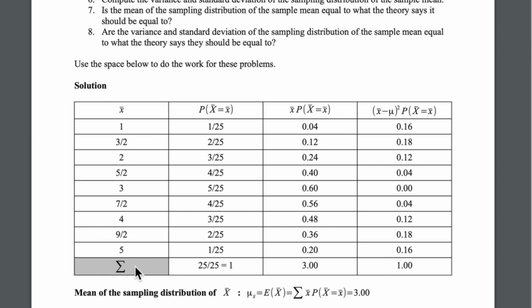And now notice here that the last row in this table, it's a summation row. For each of these columns, I'm adding up the values in those columns. In this first, so the summation for the probabilities, the probability column, that's just a quality control check to make sure that I've accounted for all the probability and I haven't accounted for anything more than once.